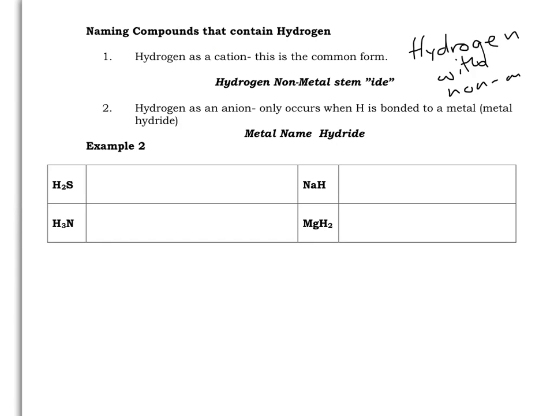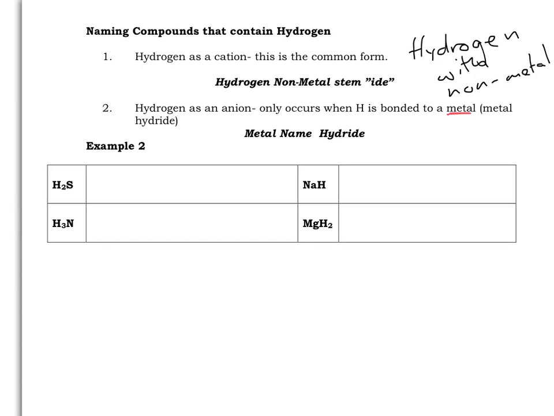Or they're the examples where you have hydrogen combining chemically with a metal. So we got hydrogen combining with a metal. In those cases, it's an anion, and that's going to change the names.